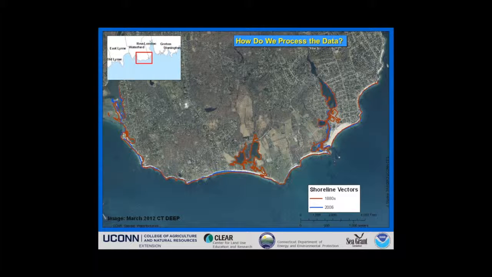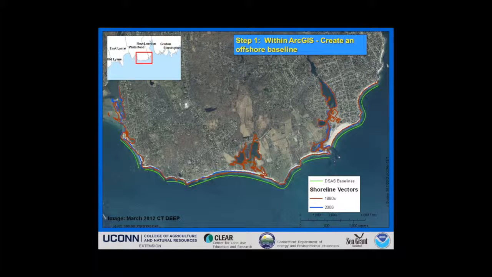So how do we process this information? In this example, I've got an aerial photo from 2012 just as a backdrop, but here's down in the Waterford area with two data sets from 2006 and 1880. We started by, within the GIS, making this thing called a baseline, which is a line feature that I had to work with Kevin to create, that's offshore of every single line feature that we have in the data set.